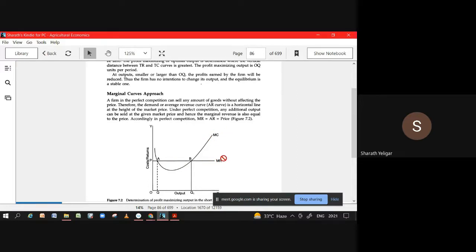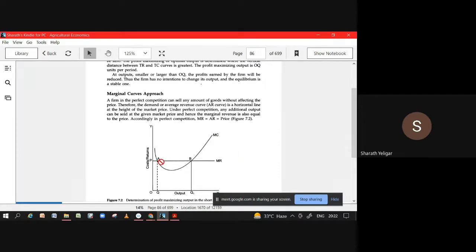See, the slope of marginal revenue here is 0. The slope of marginal cost is positive because it is sloping upward. Here it is sloping downward, so here it is negative. So the slope of marginal cost should be more than the slope of marginal revenue. And the first condition is that marginal cost should be equal to marginal revenue. If it is perfect competition, then that is equal to price also.